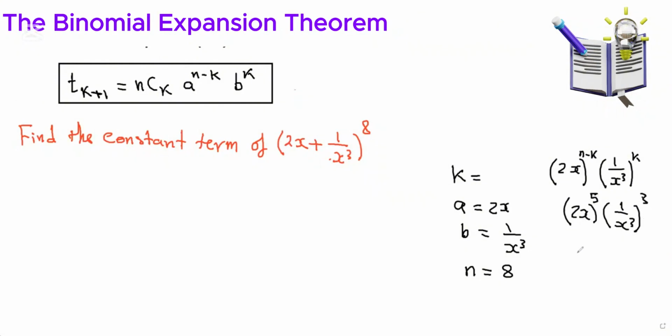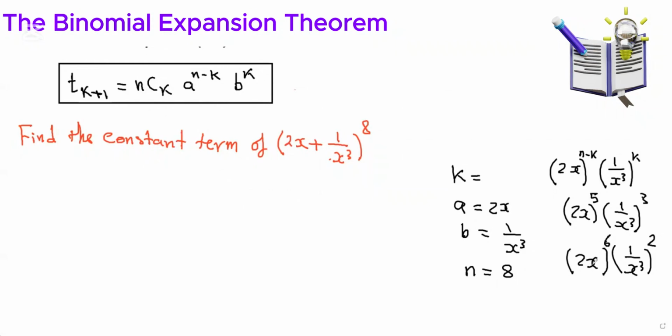So that's not going to work. So I'm going to explore the next thing, 1 over x cubed. And I'm going to use 2 for k. And this is 2x. And 8 minus 2 is going to be 6. And as I told you that the exponents here and there, they always have to add up to n, the 8. So this will be 6 right here.